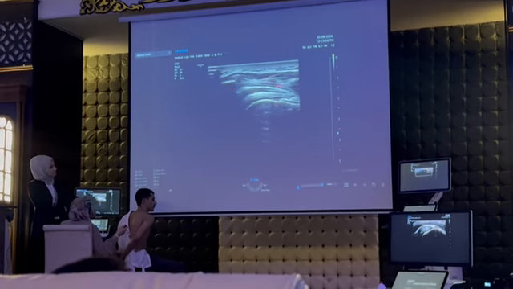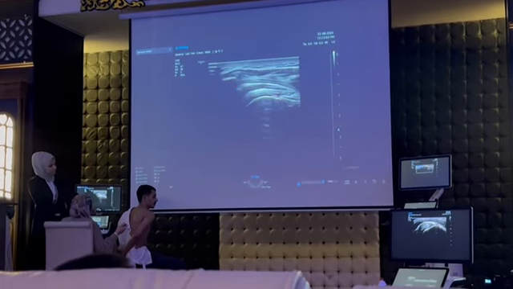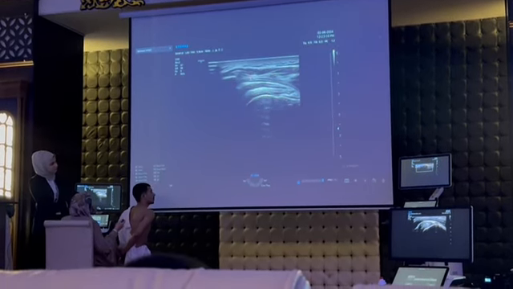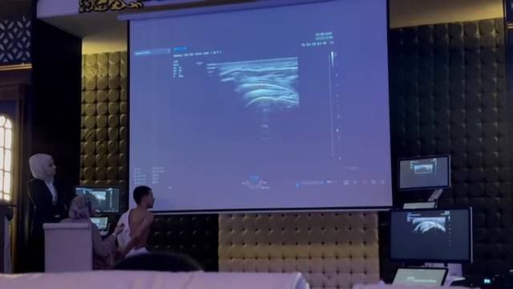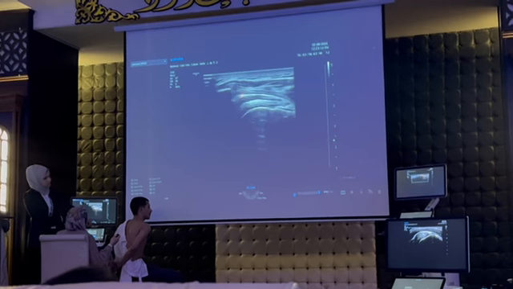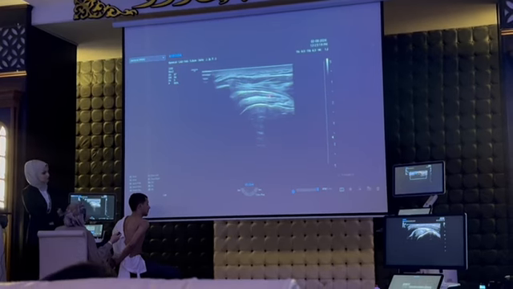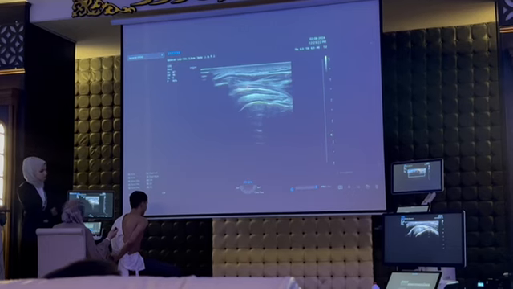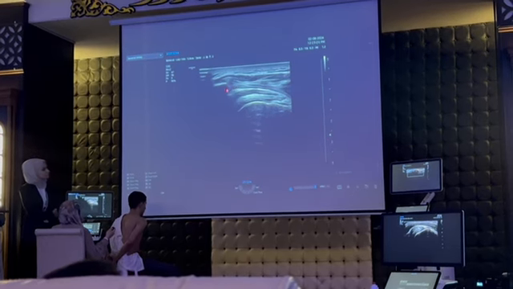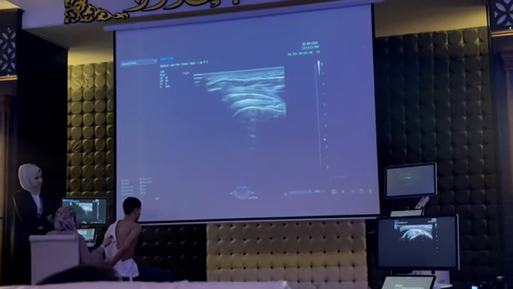This is the acromion. This is the deltoid. Here between this muscle and the deltoid muscle, you see this black, thin line, it is the subacromion subdeltoid bursa. We say it is subdeltoid, but because it is continuous with the subacromion, it is called the subacromion subdeltoid bursa.